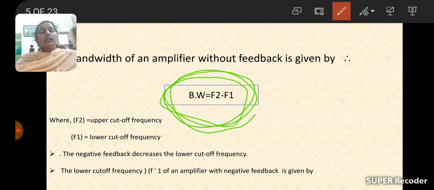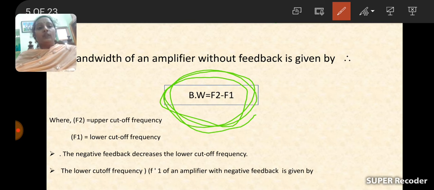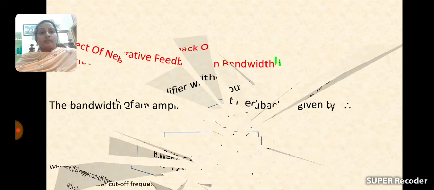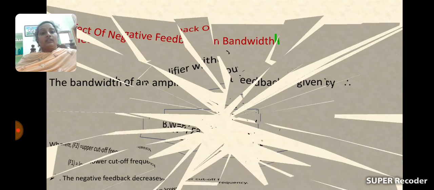Negative feedback decreases the lower cutoff frequency, and the lower cutoff frequency of an amplifier with negative feedback is given by bandwidth is f2 minus f1 by f1.